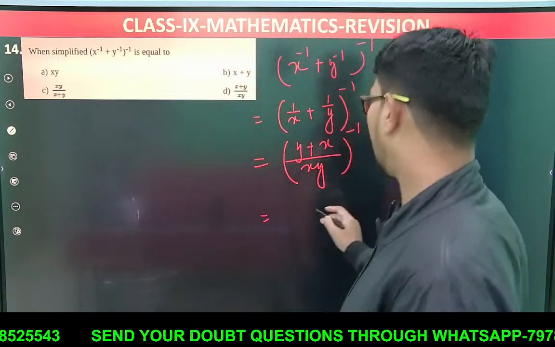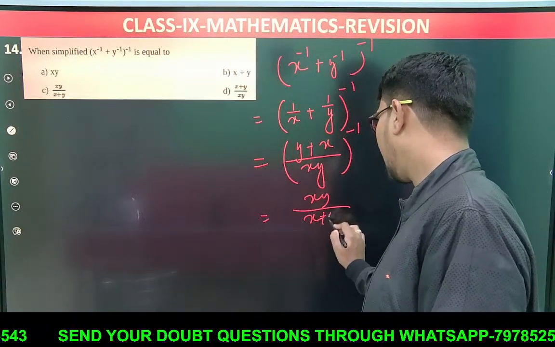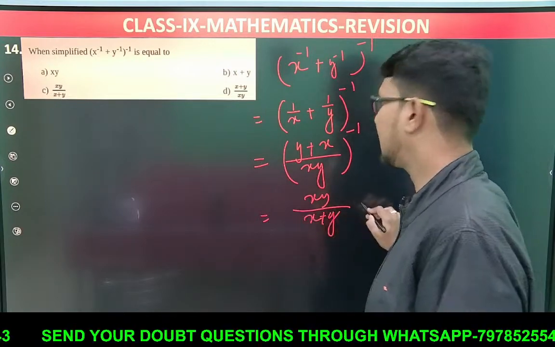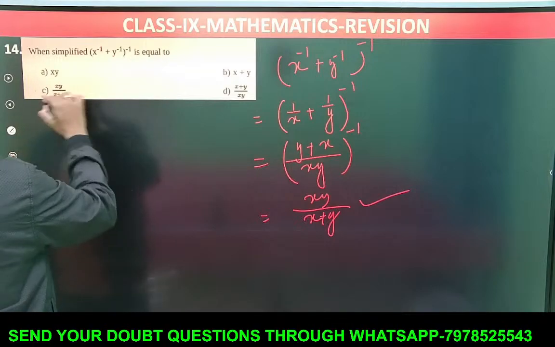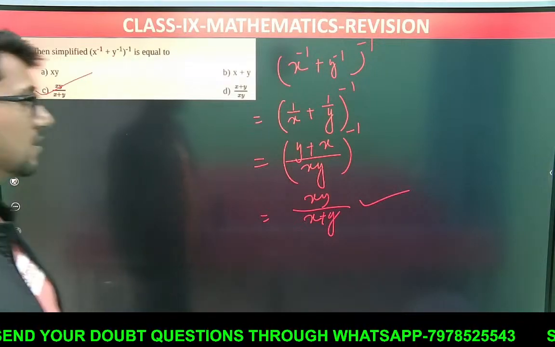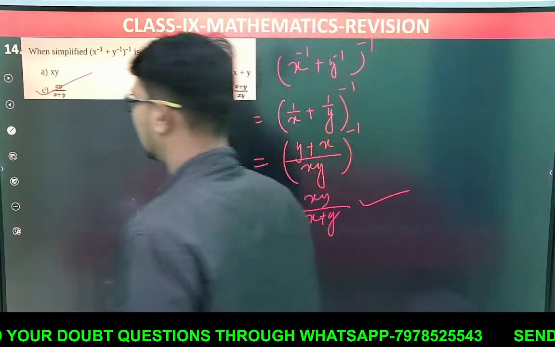So let us reciprocate that, which will become xy by (x plus y). So this is the final answer. Option C is the correct answer. I hope it is clear to all. Let us move to the next question.